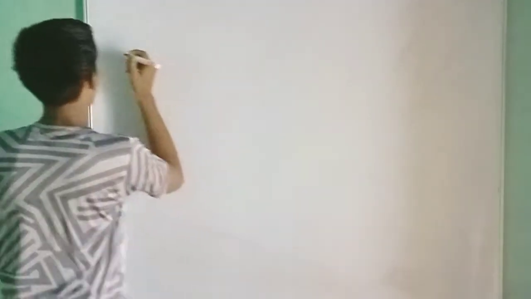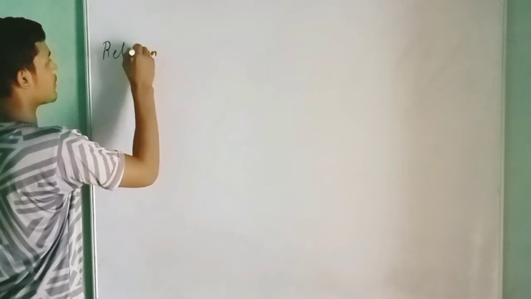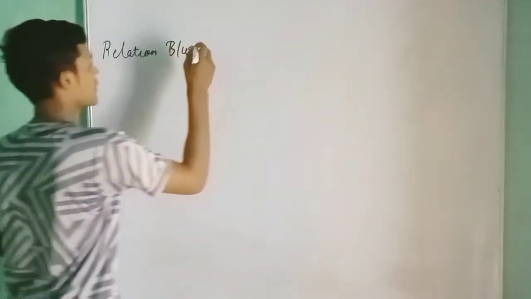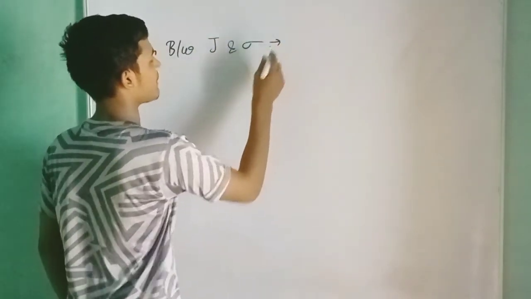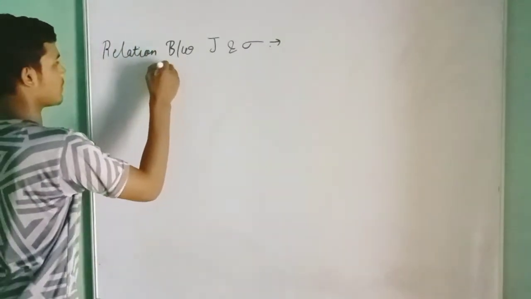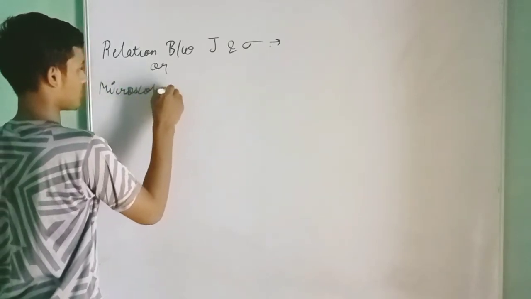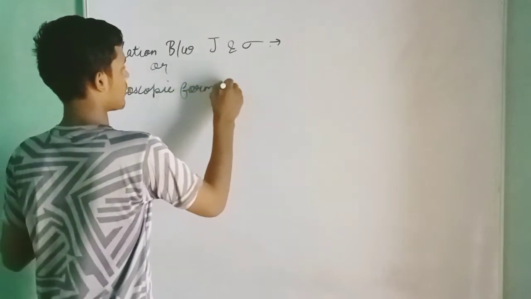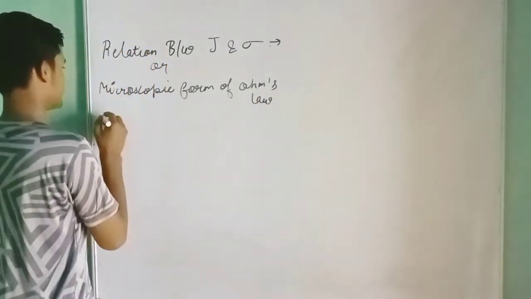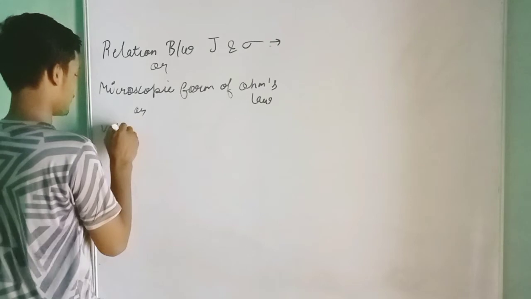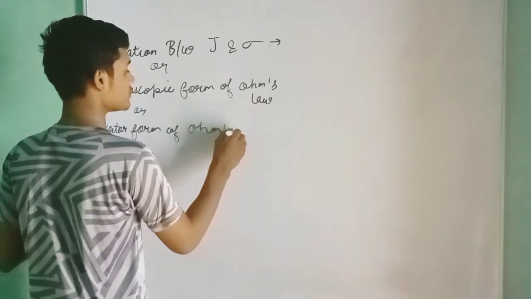So relation between J and sigma. We will write it in microscopic form of Ohm's law or vector form of Ohm's law.